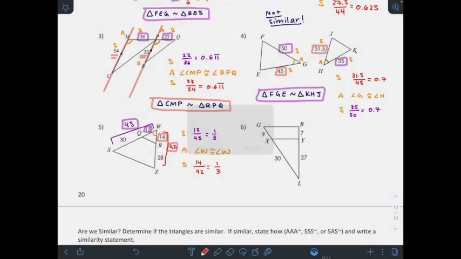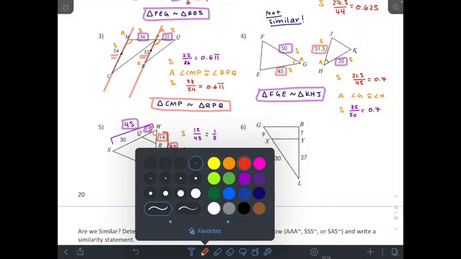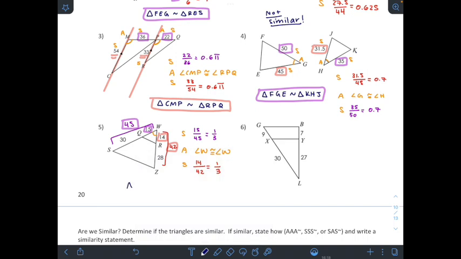So again, side, angle, side in both cases. Therefore, I'm going toward angle W: I'm doing long side, angle W, and then short side. So I would do triangle QWR is similar to triangle SWZ.